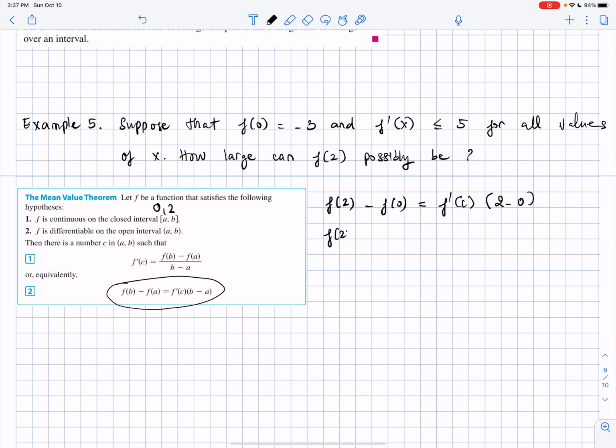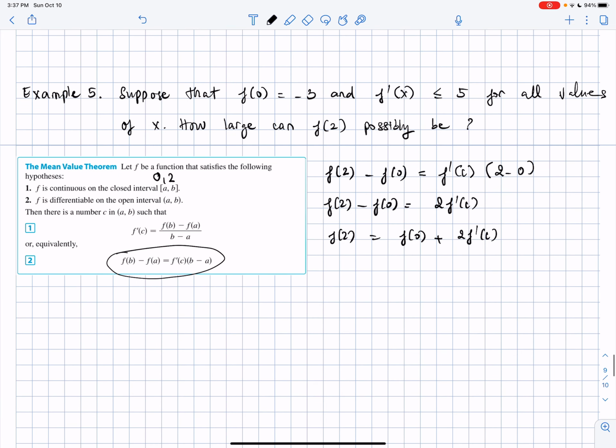So f of 2 minus f of 0 equals, 2 minus 0 is 2, so we have 2 f prime of c. Then f of 2 equals f of 0 plus 2 f prime of c.